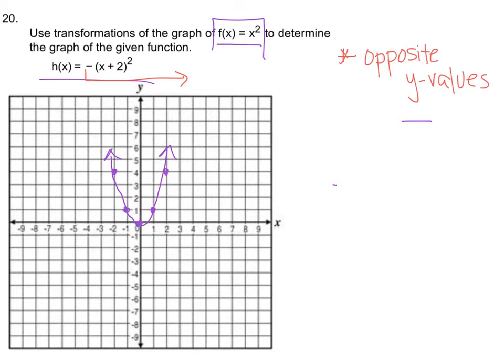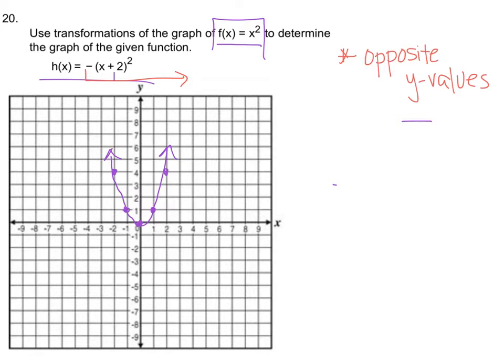In other words, my entire U-shaped graph or parabola is going to reflect about the x-axis, so it's going to turn over. Instead of opening up, it's going to open down.